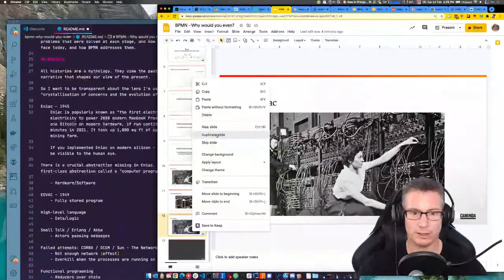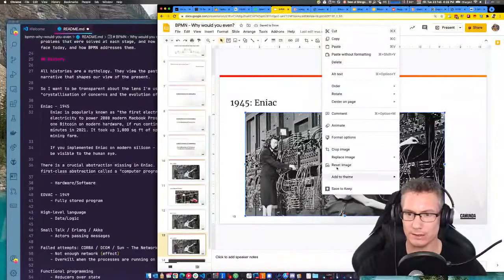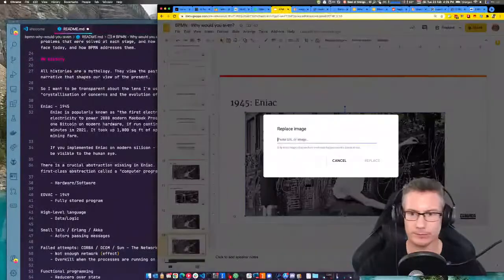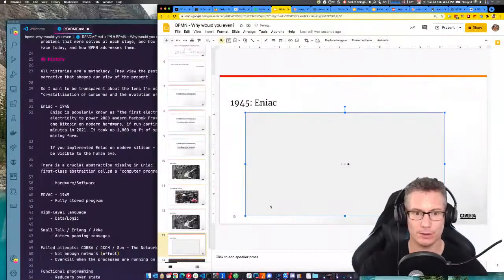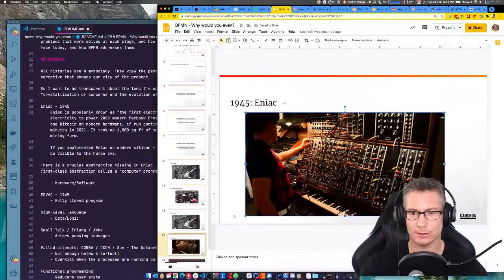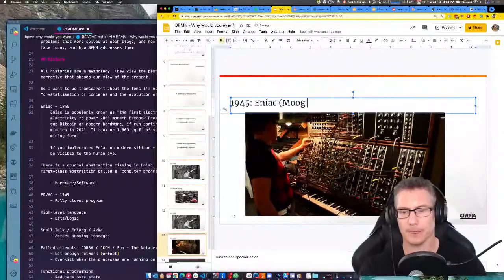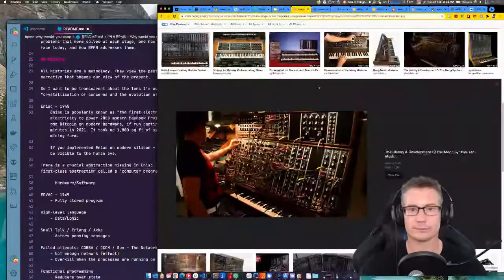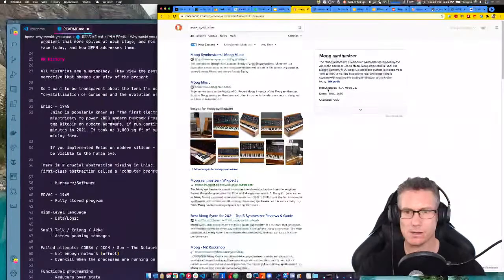So duplicate this slide and then replace my URL. Replace. And then what I should do here, I think, is like this. When did the Moog synthesizer come out? In the 70s? No. 65 to 80. 64.